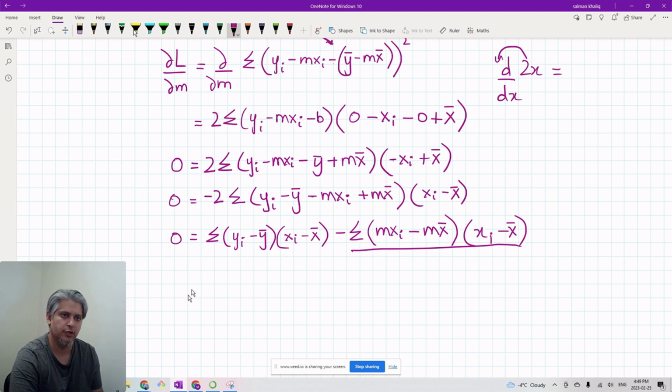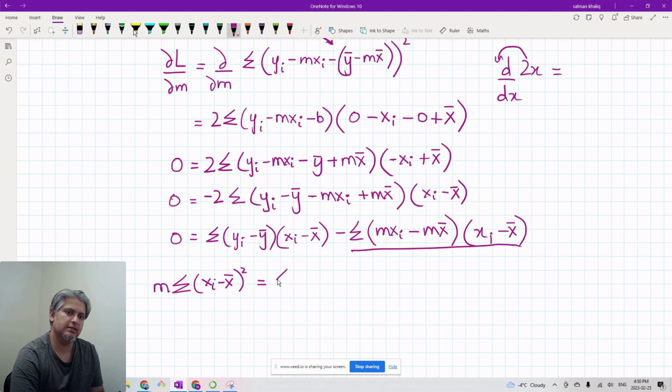Then I will get a 0. So I will write sum. This M is being pulled out, so I will write it outside. And then I'm left with xi minus x bar times xi minus x bar. You can see this is the same term, so why not just write it as a square?